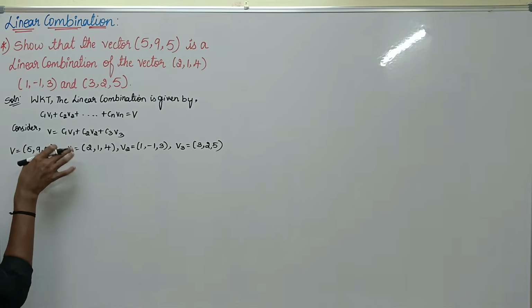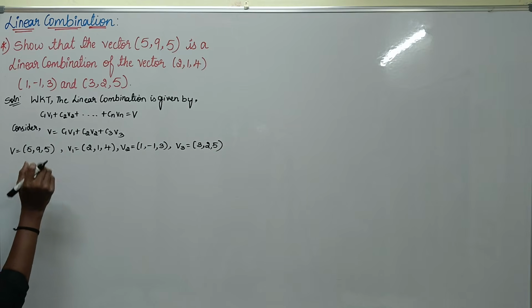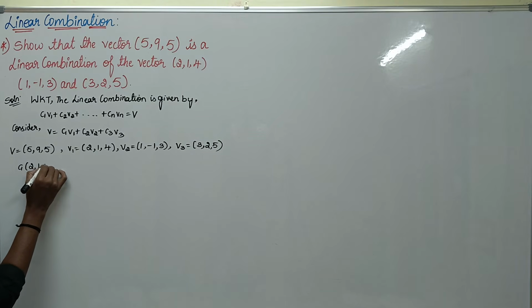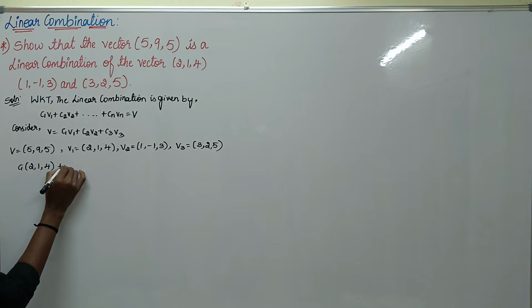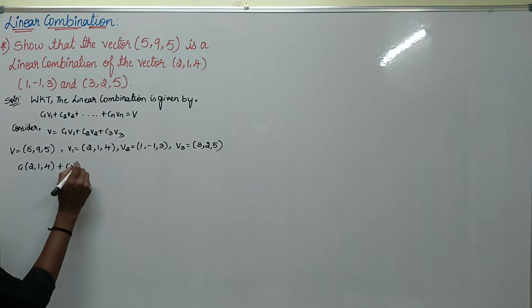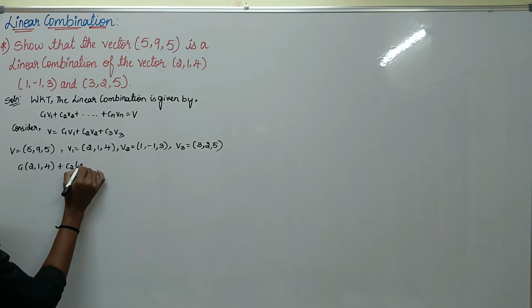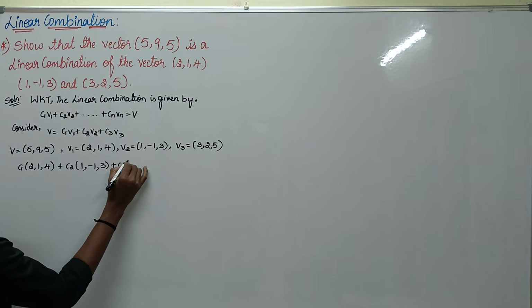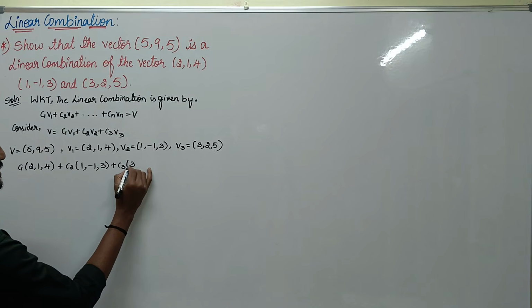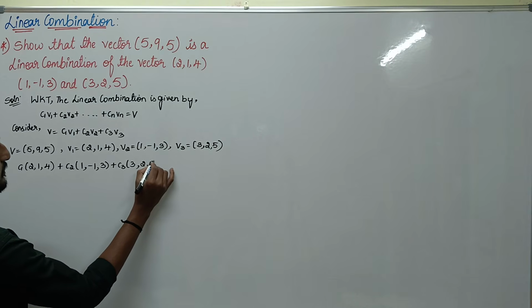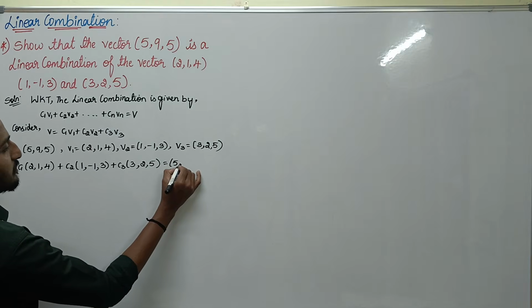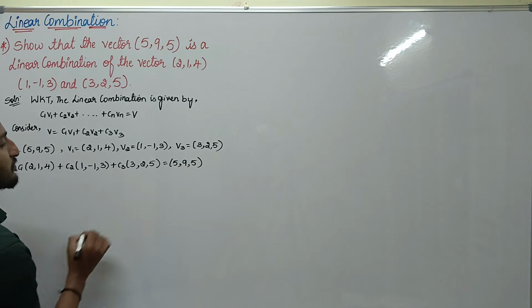Now, represent these vectors in the standard linear combination form, that is C1 into V1, 2, 1, 4 plus C2 into V2, 1, minus 1, 3 plus C3 into V3, 3, 2, 5, which is equal to V, that is 5, 9, 5.